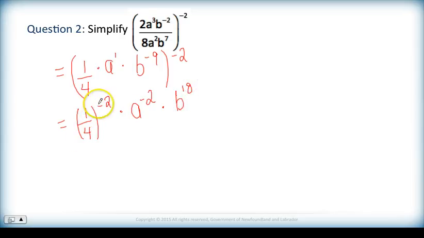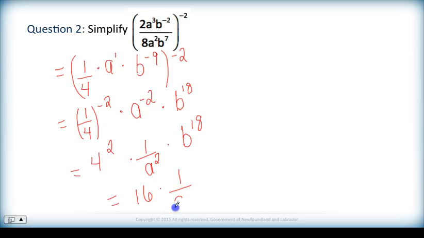Here we have a negative exponent. We take the reciprocal, which gives us 4 squared times 1 over a squared times b to the 18. This will equal 16 times 1 over a squared, we can put a 1 underneath there, times b to the exponent of 18 over 1.